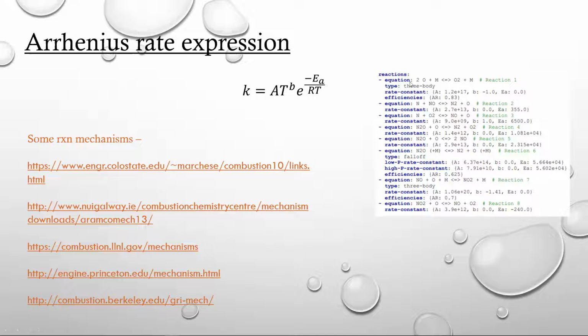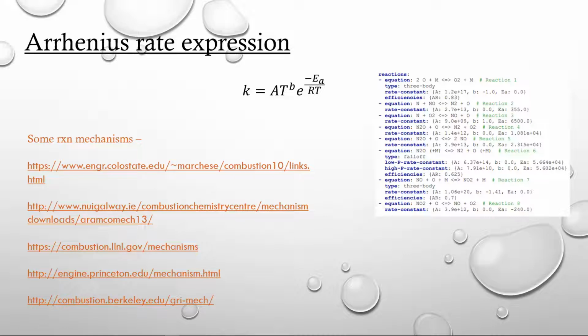So for the first reaction, for example, it says 2O plus M gives O2 plus M, right? This is a three-body reaction. So let's start with a simpler one, actually. The second equation, N plus NO gives N2 plus O. This is reaction number 2. The rate constant gives you the values for A, B, and EA, right? So that is how this data corresponds with the Arrhenius rate expression.